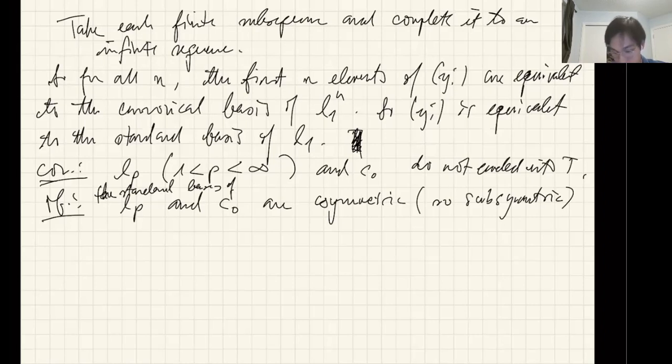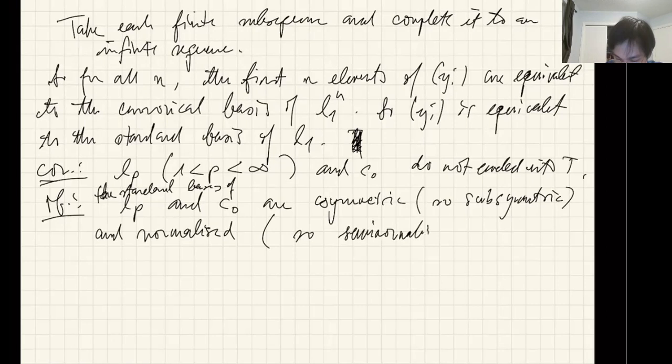So it's symmetric, so it's also subsymmetric, and normalized. Right? Each of these vectors has length 1, and so semi-normalized. Okay, that means that if Lp embedded into T, you would get a semi-normalized subsymmetric basic sequence in T, and we know that that can't happen.